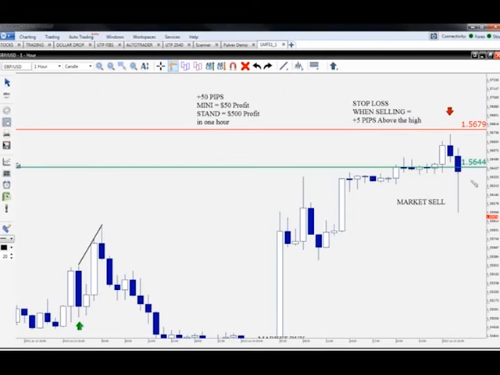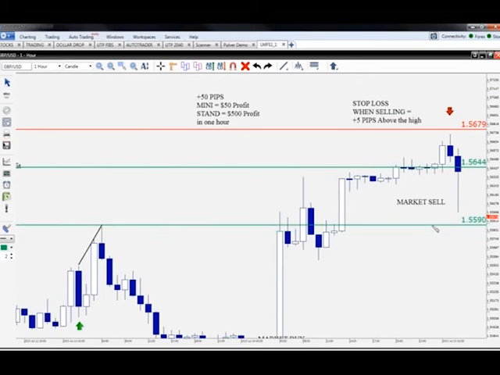So what we're also going to do now, after we have our stop loss, is we're now looking for our target. And our target is going to be a minimum of 50 pips. So right there, 1.5594.